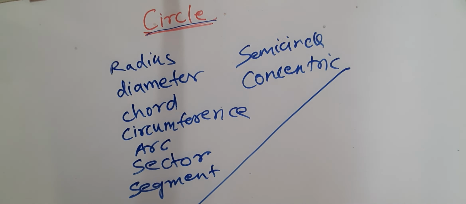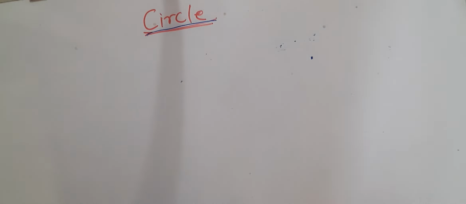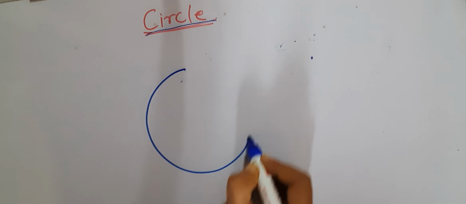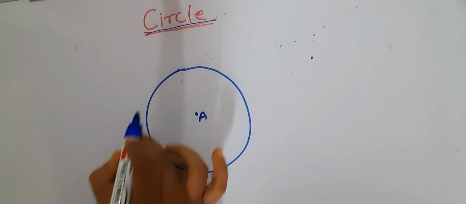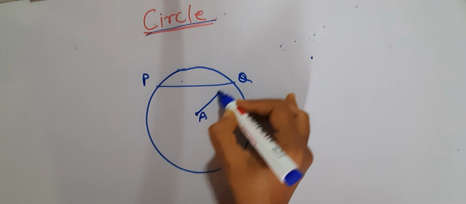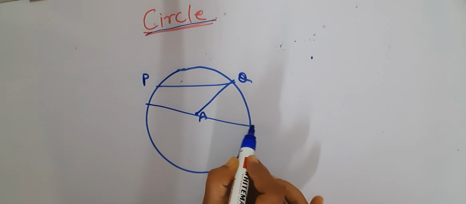You have understood what is radius, what is diameter, what is chord. Now in exams they might ask you different types of simple questions on this. So let's take one or two examples. Suppose they have given us a circle here. Here the center is given as A, and they have PQ, QA, RS here.